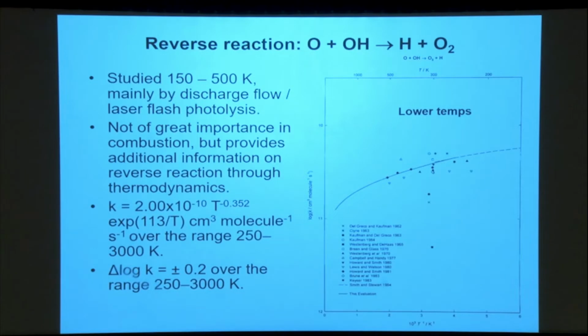So I think basically for this reaction, I haven't said it on the slide actually, but we know this H plus O2 very well, within 10%, as I've just said. And through the use of active thermochemical tables, we have very high quality data on the heats of formation and other thermodynamic parameters for everything in this system, and so we could estimate this reaction rate using the equilibrium constant.